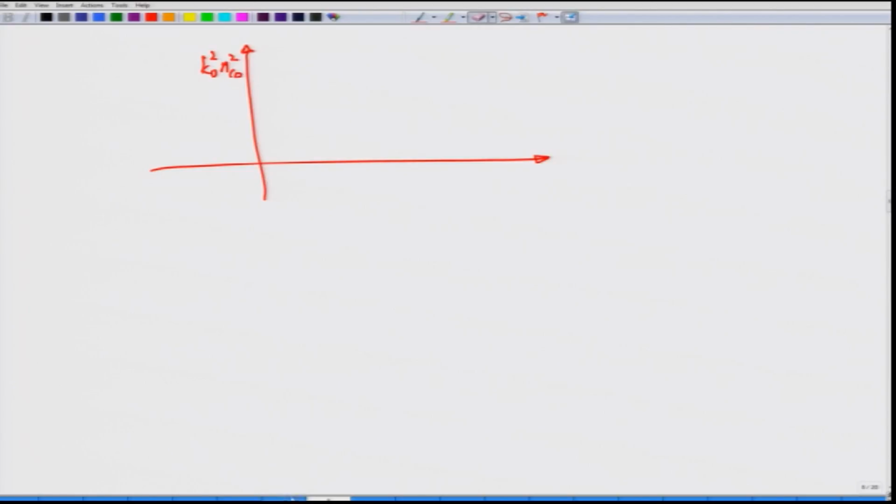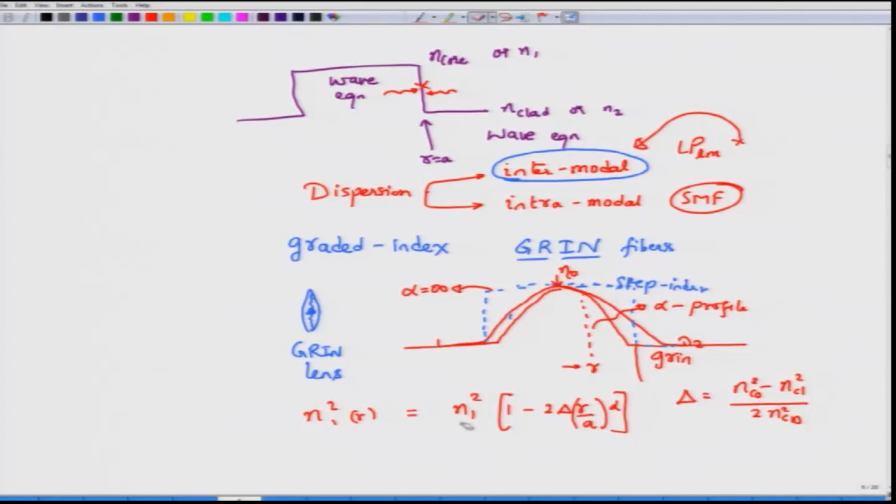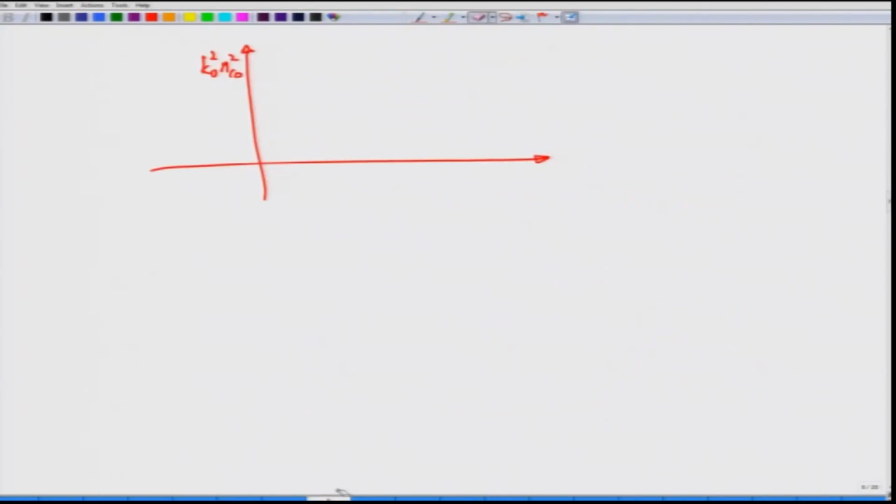So, if you go back and look at this, I have written the graded profile here, right. I have written this as n 1 square, pardon my little confusing notation here. N 1 in this particular case would stand for the max value of the refractive index in the core.